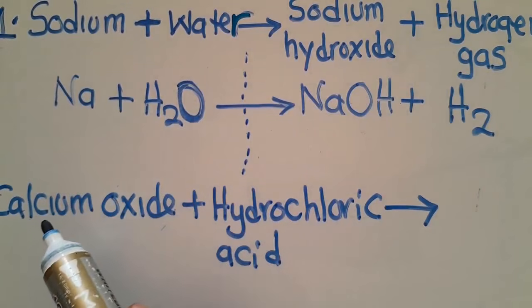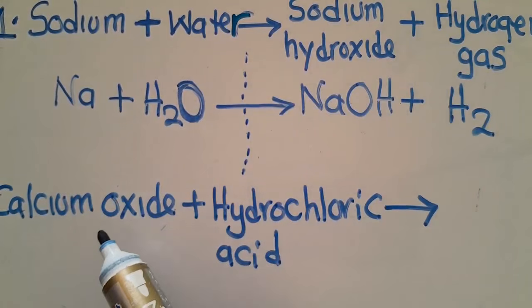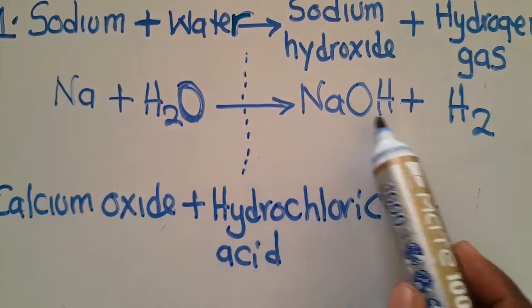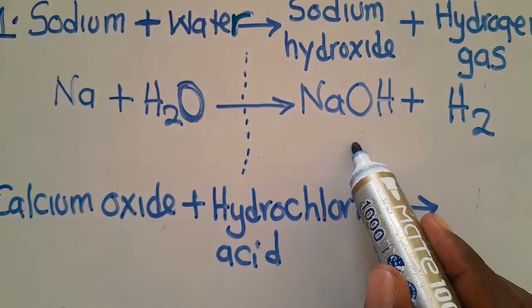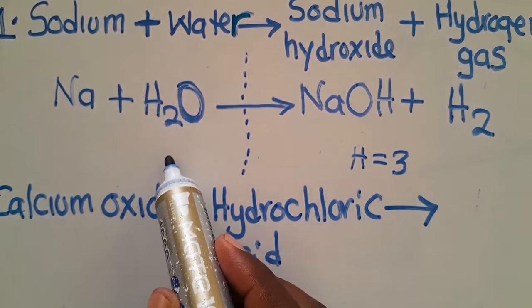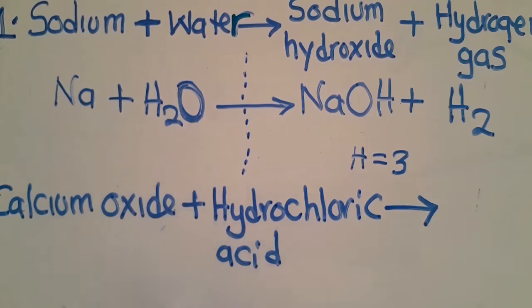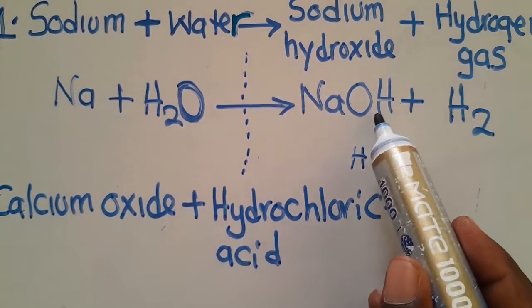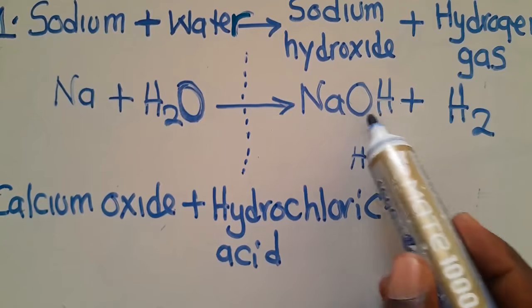On this side we've got 3 atoms of hydrogen, and on this side it is just 2. So how do you balance that?